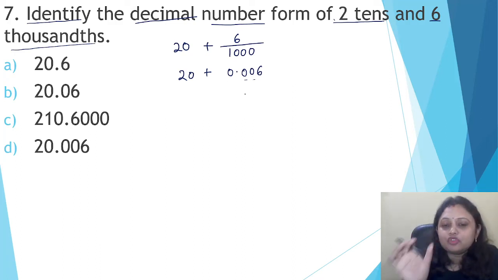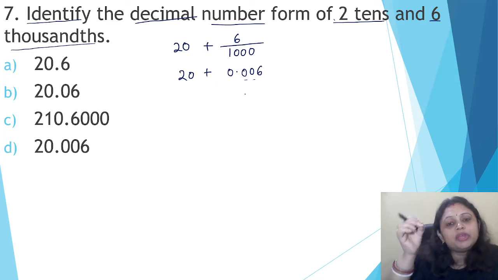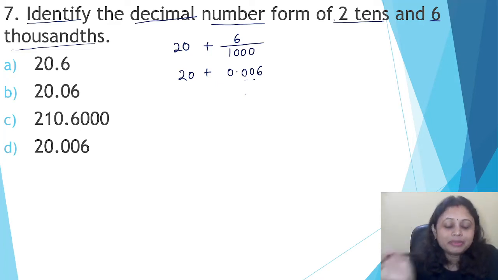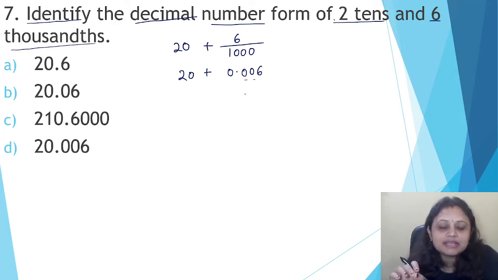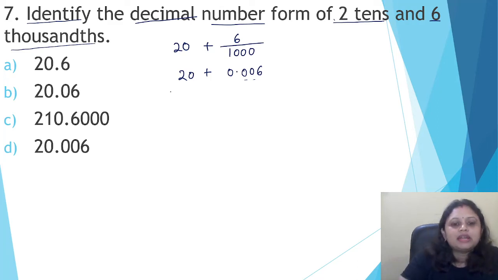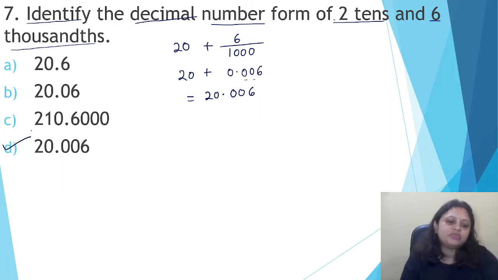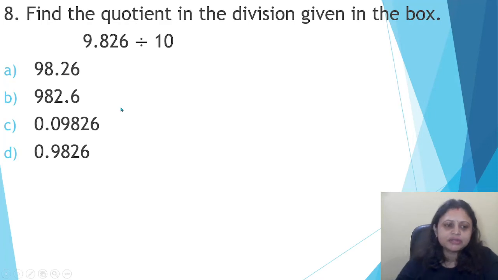Because we have to make it 3 digits, and if we change the position of the 6, then it won't be 6 by 1000. So that is equal to 20.006, and it is present in option D. Got it? Coming to the next question.